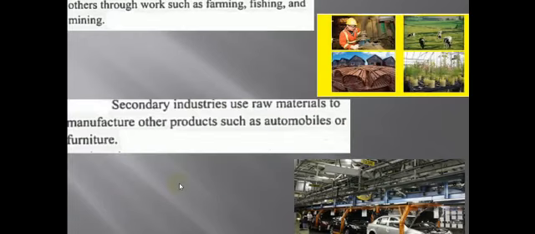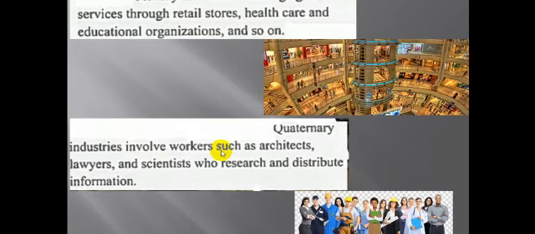Primary industry brings natural resources like farming, fishing, and mining. Alright? We will take what we get from here, farming, fishing, and mining, and we will start to manufacture them here in secondary industry to make anything that we manufacture, like automobiles, furniture, telephones, all these things.